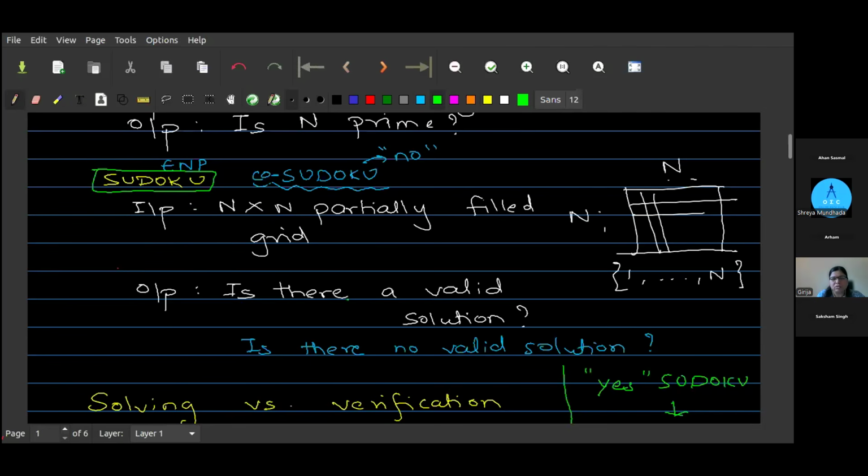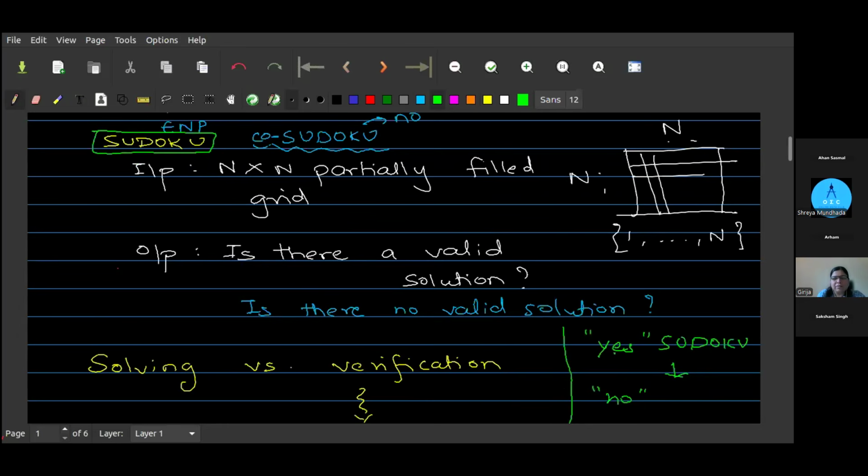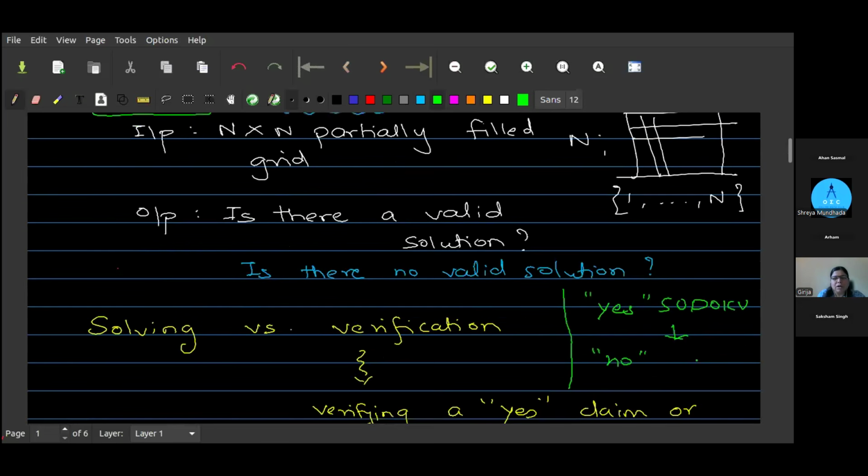Those which have a valid solution. Say I consider 100 different partially filled grids; out of those, the ones with a yes answer are those which have a valid solution. So if a grid has a yes claim for Sudoku, does it automatically mean it has a no claim for co-Sudoku? Because that grid has a valid solution, co-Sudoku's answer will be no. Is there no valid solution? No, because there is a valid solution.